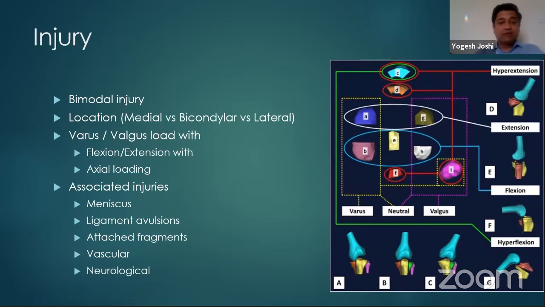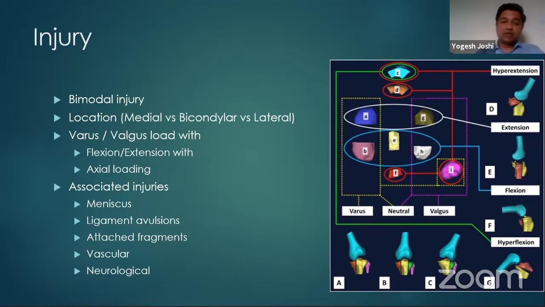These kinds of injuries have bimodal distributions. Younger patients will have high energy trauma, especially road traffic accidents, and they have comminuted unstable proximal tibial fractures. Whereas in the elderly population, they have low velocity trauma. They can be injured in simple valgus injuries, which can lead to compression of the lateral tibial plateau.